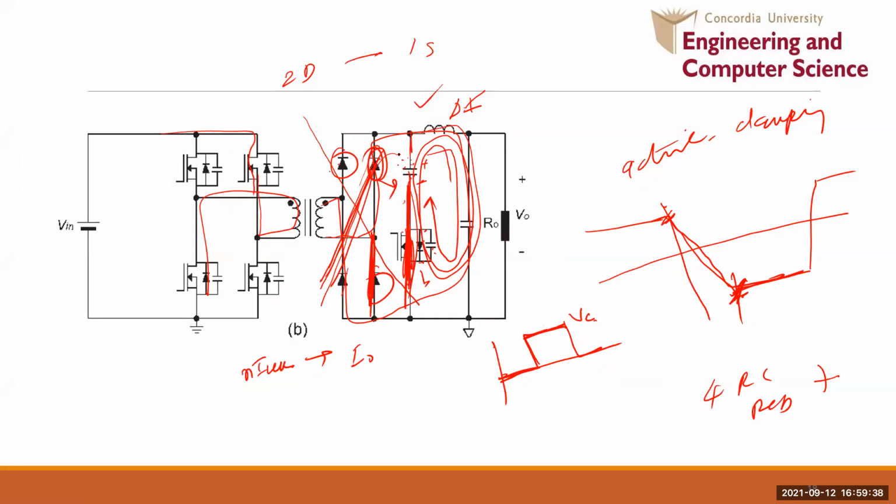Very simply, directly, immediately, so that there is no ringing, and then there is no issue of requirement of additional snubbers due to resonance. The voltage rating goes 2 times. So this is active clamping in voltage fed converter.